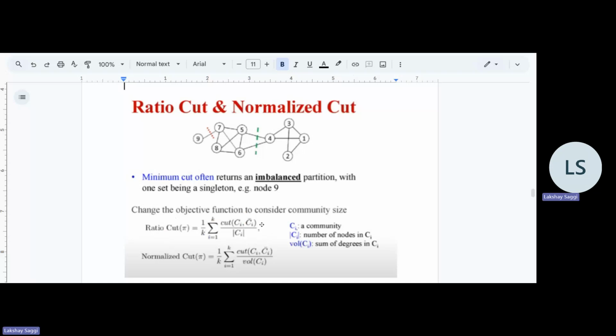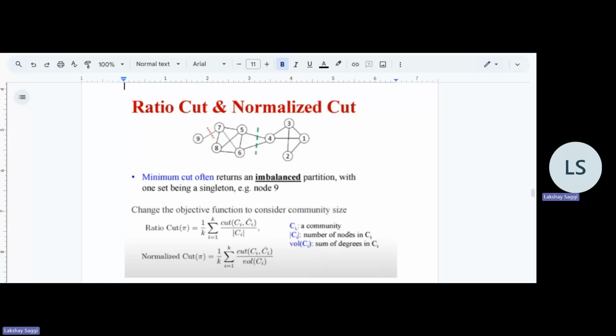Another definition, which is different from ratio cut, is what you call normalized cut. Here you don't divide by the number of vertices in the partition, but rather by the volume of the partition. And what do you mean by volume? Volume is just the sum of degrees in Ci.